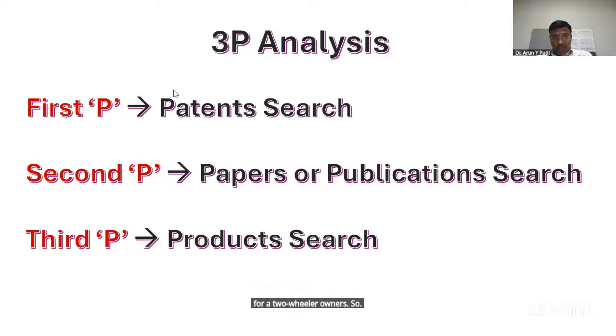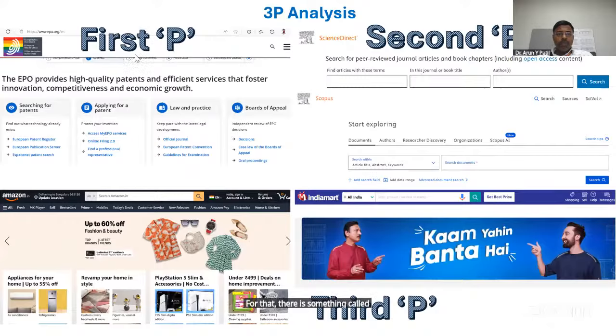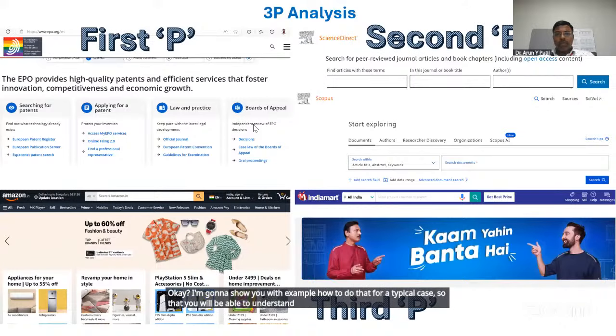In this, if I have to start from scratch, I have to dig deep into the patents. For that, there is something called the European patent search. I'm going to show you with an example how to do that for a typical case so that you will be able to understand it very easily.